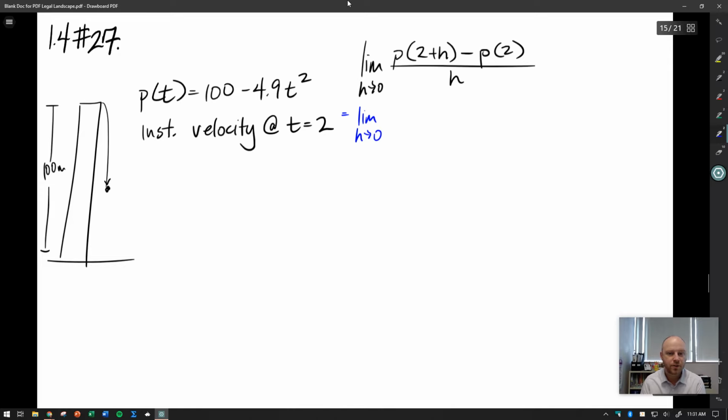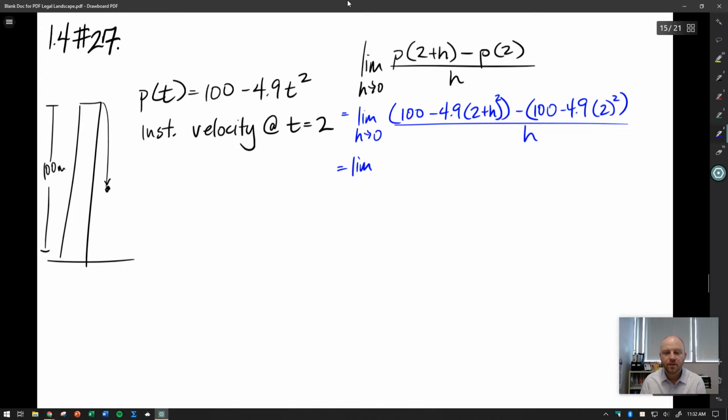If we plug in a 2 plus h, we have 100 minus 4.9 times 2 plus h, that's squared, minus p of 2, that's going to be 100 minus 4.9 times 2 squared, and then this is all over h. So we've got some stuff to simplify here.